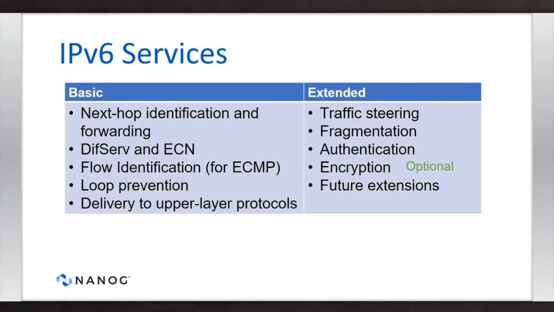There are also some extended services: traffic steering, fragmentation, authentication, encryption, and extensions that may come in the future. These are all optional. IPv6 will deliver basic services to every packet, but extended services only to the ones that have extensions in their header to request them.